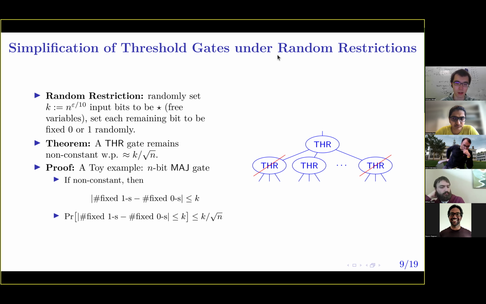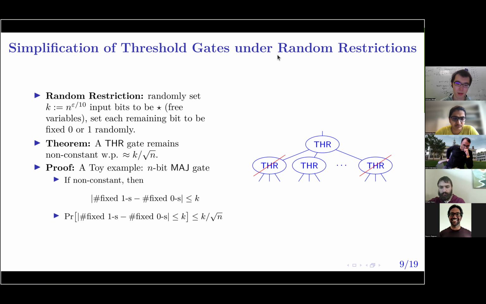Because if the fixed 0s and 1s already differ too much, then without looking at the free bits, you can already say its output is 0 or 1. So you don't even need to look at the remaining bits.